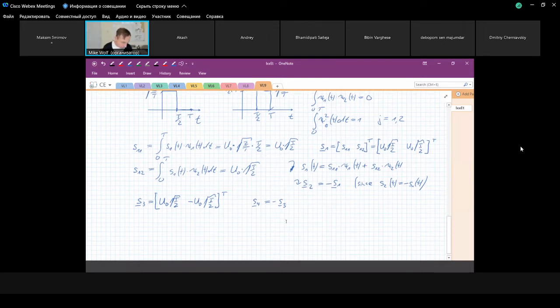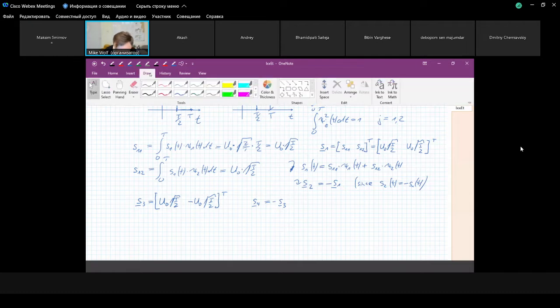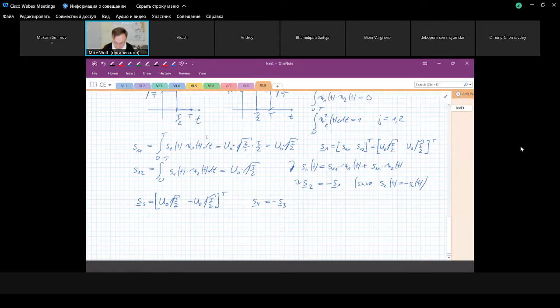This is clear. And now we can basically find a geometrical representation of our signals in the signal space. This is very advantageous, because we can see basic characteristics of our signals, at least if you have some experience.